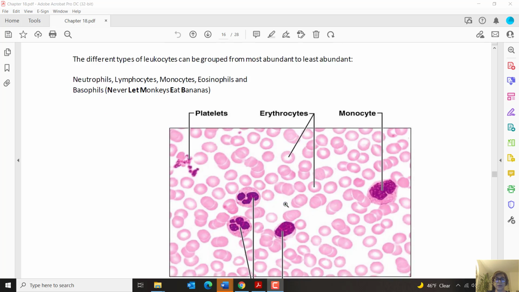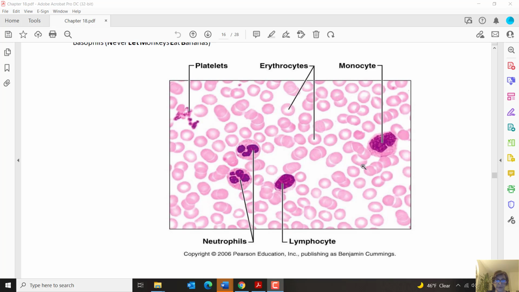In the slide of a blood smear, you can see 2 neutrophils. Neutrophils are easily identifiable by having a multi-lobed nucleus. And this is a large lymphocyte. Normally, lymphocytes are about the size of red blood cells, and you can see that the nucleus covers almost the whole cell. Monocytes are much bigger.